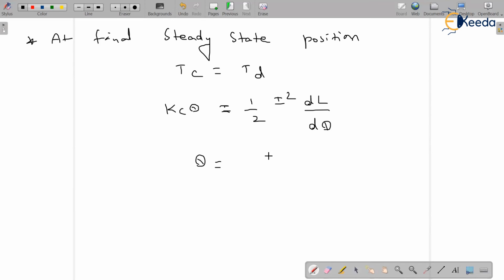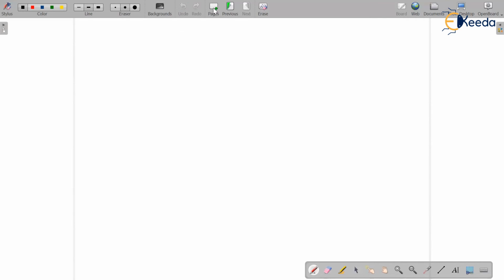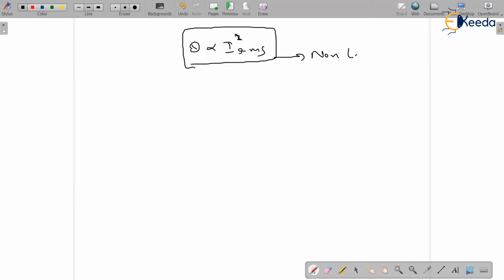Theta is equal to half I square by Kc times dL by d theta. So then again, theta is directly proportional to I square RMS. It is a non-linear scale.